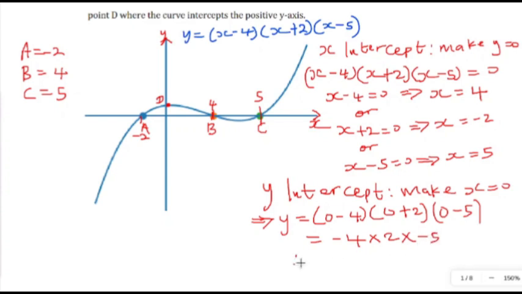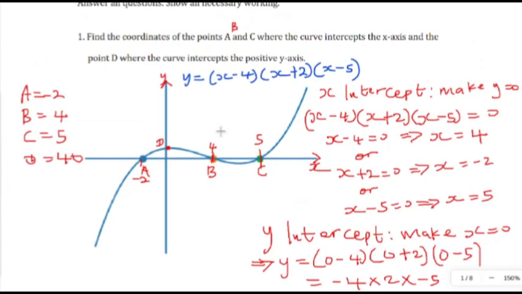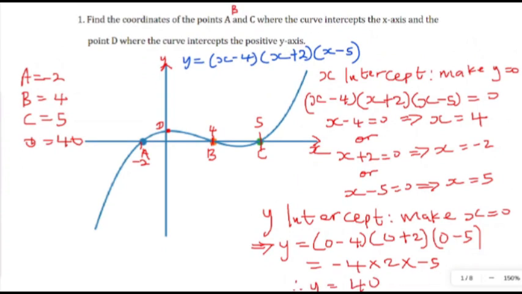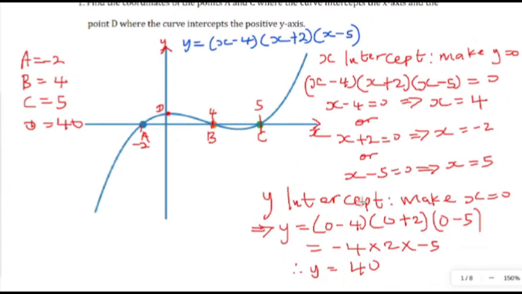Therefore we see that the y-intercept, which is the same thing as point D, is equal to 40. So we can say D is equal to 40. This is all we need to do to answer this question completely. We found the intercepts. The x-intercepts are A, B, C, and the y-intercept is D.